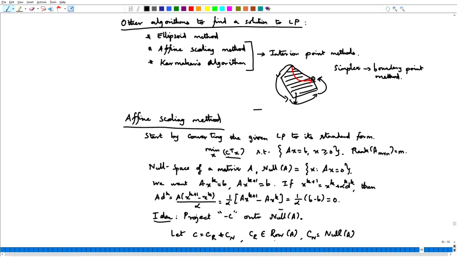Okay. So, the row space of A is all vectors that can be written as linear combinations of the rows of A. Suppose you write C equal to Cr plus Cn.